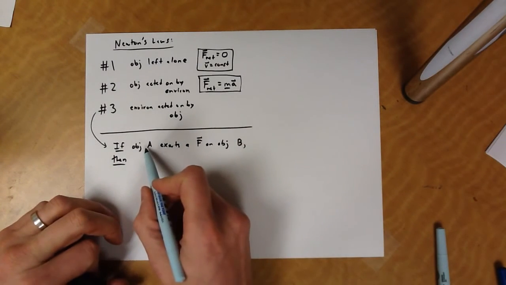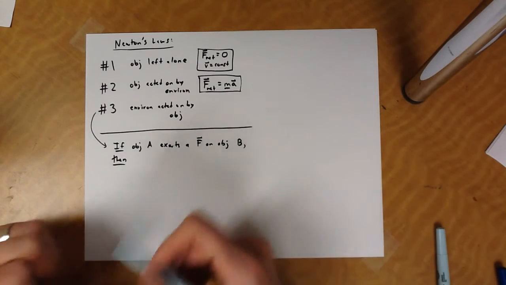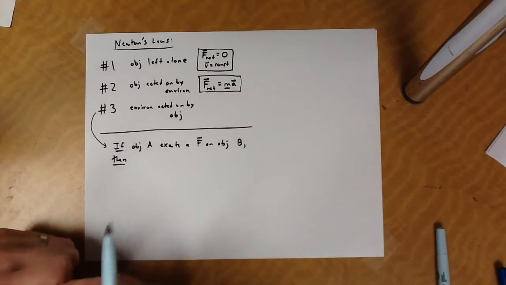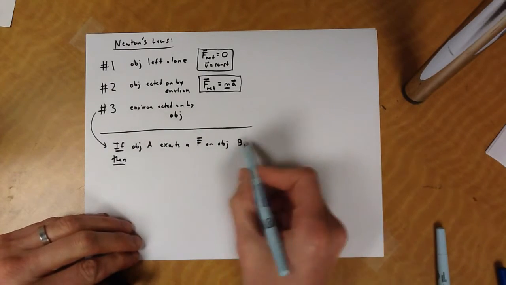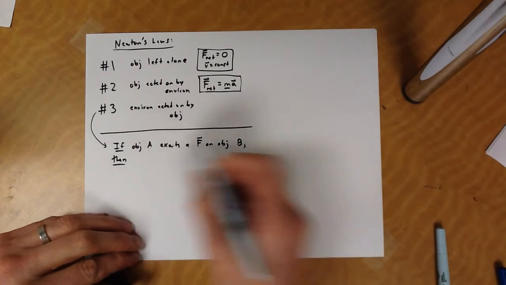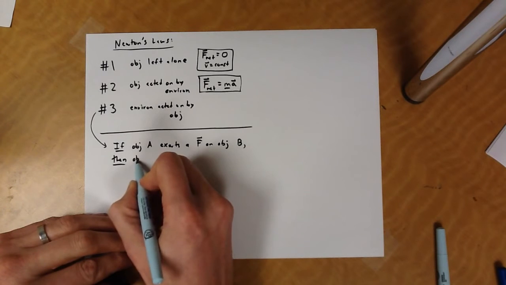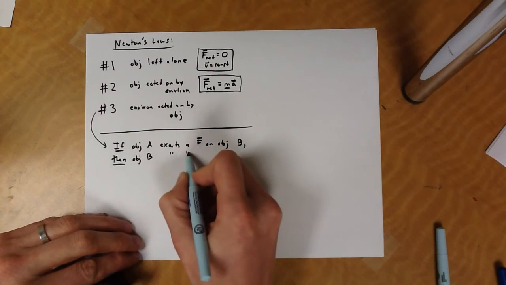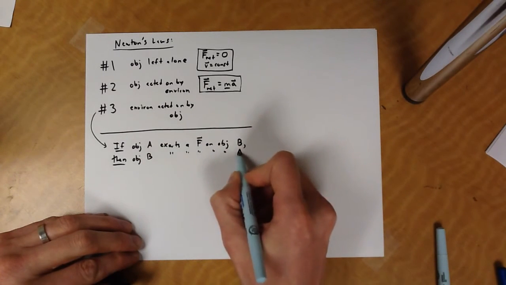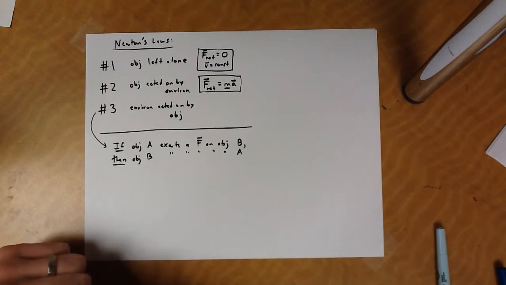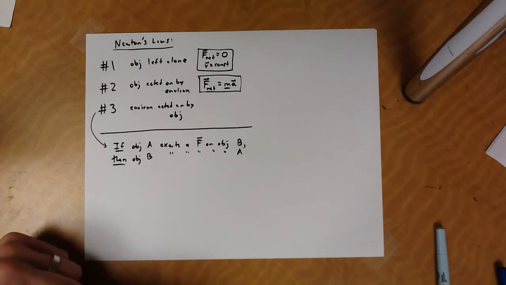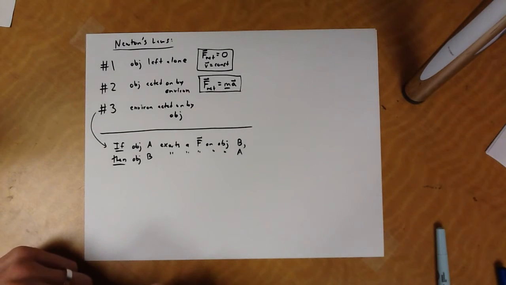So does object A exert a force on object B? Well, you would have to figure that out separately. This law simply says, if you know that's true, then there's something that follows. It says, object B exerts a force on object A. So it basically says that you can't exert a force without feeling a force back on yourself.